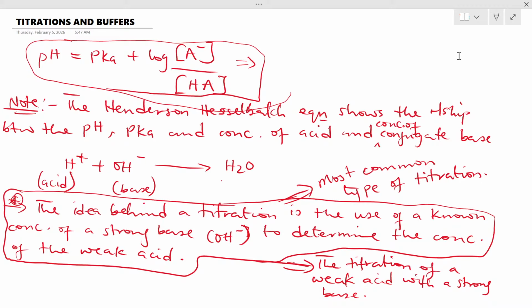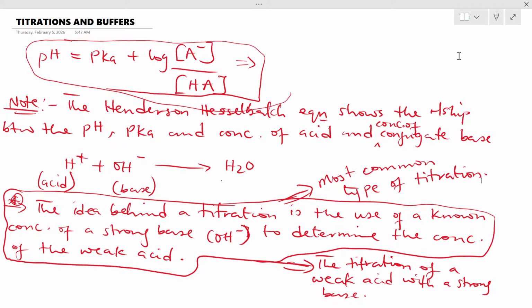Acids, bases, and what? Buffers. It is very key. Alright, so we will do an elaborate discussion on this equation once we start talking about buffers, as we saw earlier and will be seeing in this revision.